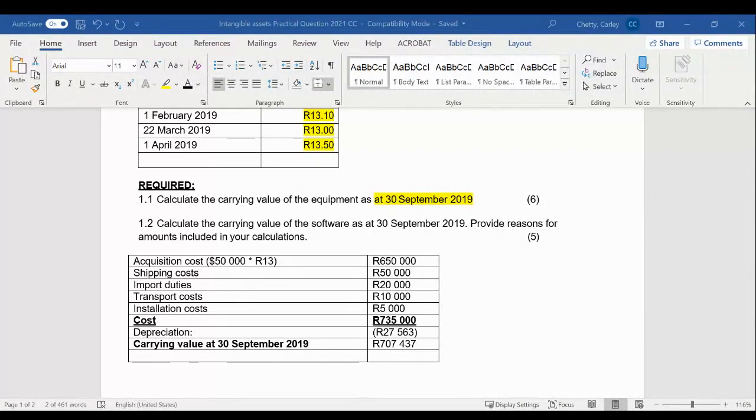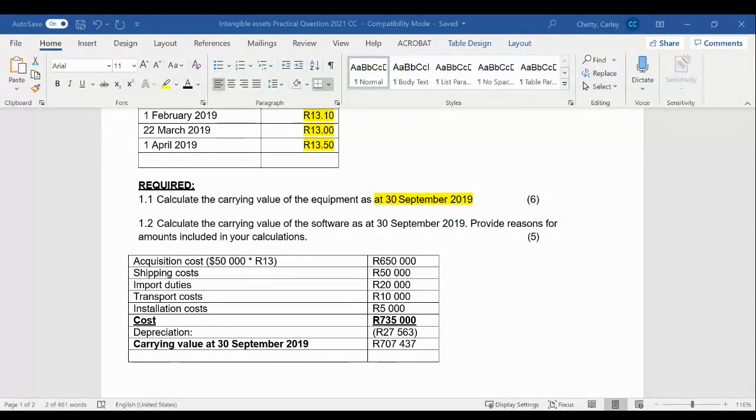Any questions? Okay, doesn't sound like there are any questions. So let's move on to the second part of the required. It says calculate the carrying value of the software as at 30 September.